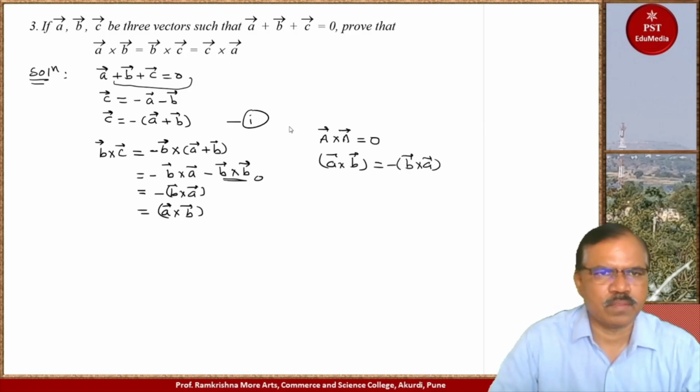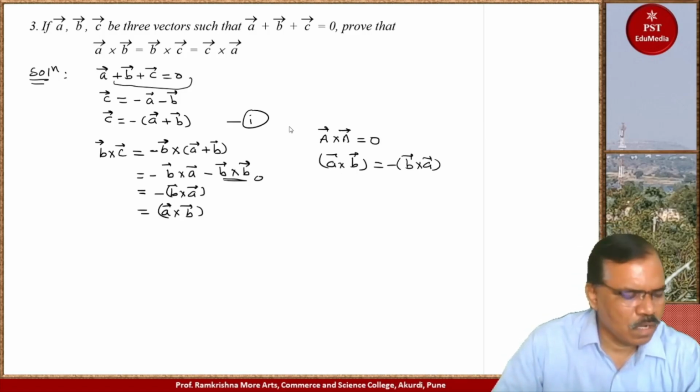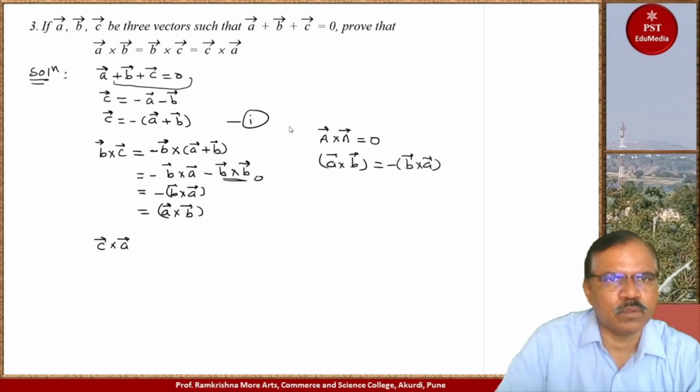Minus B cross A. So B cross C is equal to A cross B. Now we can take C cross A. We have to find this.